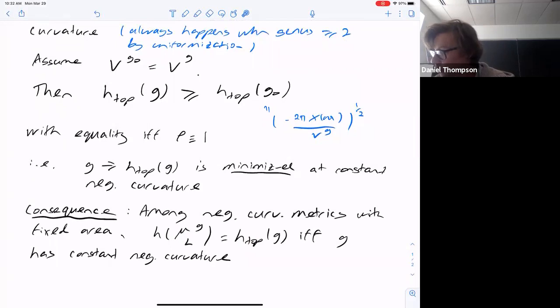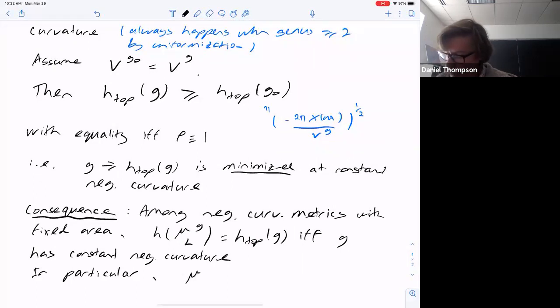Okay, so the entropies only match at constant negative curvature, and what does that do for us? In particular, two measures with different entropies cannot be the same.